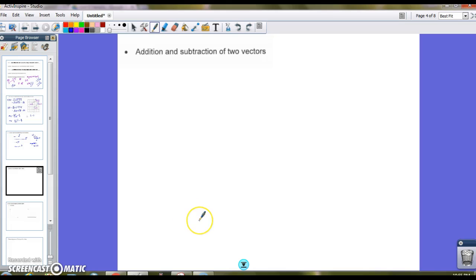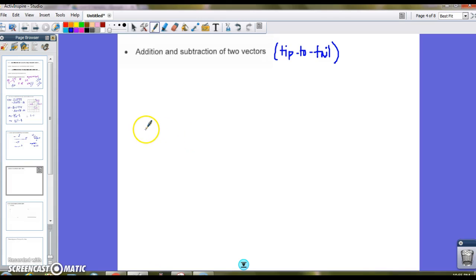Let's talk about addition and subtraction of two vectors. You probably hear the term tip to tail. I'll write that in here. Tip to tail is basically a representation of adding vectors together.